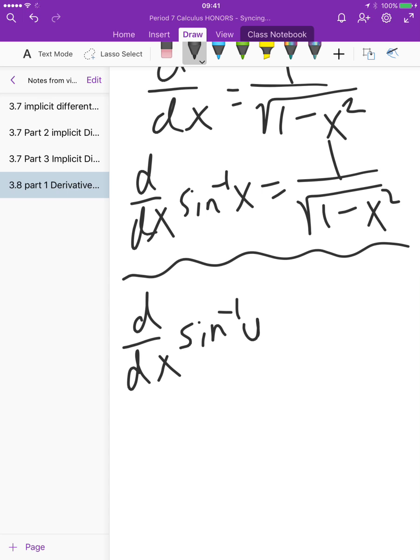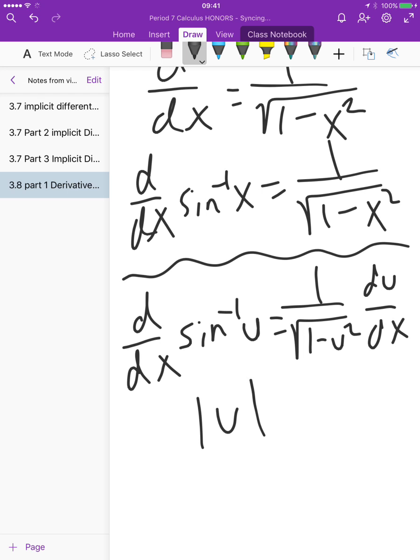I can use what we just found, 1 over the square root of 1 minus u squared, and multiply that by du dx, as long as the absolute value of u is less than 1. Why is that? Because if the absolute value is less than 1, I'm never going to get a 0 here in the denominator. So we have to keep that in mind as well.